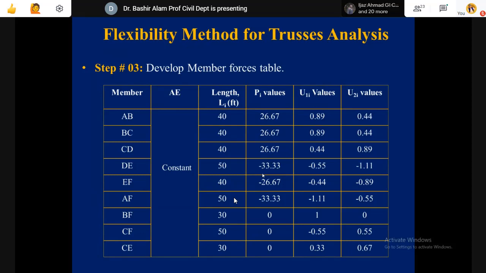EF minus 26.67, it was the top chord coming in compression. AF was the diagonal, 33.33, again compression. And BF and CF were 0 and 0. U1 values you can verify from there under the application of the unit load, AR1 value, and U2 value again you can verify from there.